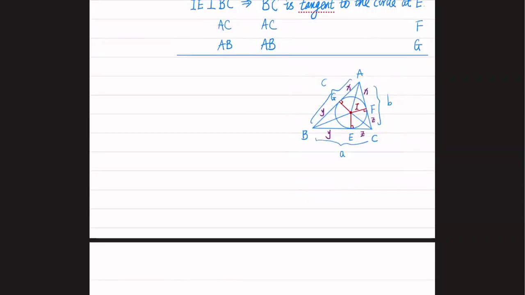Now we want to set up a system of equations about the unknowns. We start with x plus y. What is x plus y? This gives the side AB, which is our c.